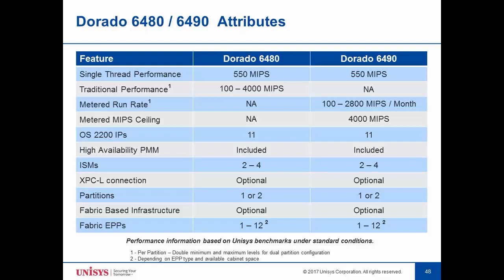And the Dorado 6480 and 6490 have 11 OS 2200 IPs. XPCL connections, dual partitions, all the fabric infrastructure components, again, are available with the Dorado 6480 and 6490.